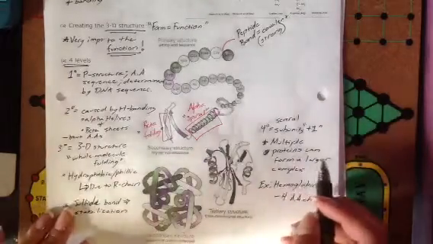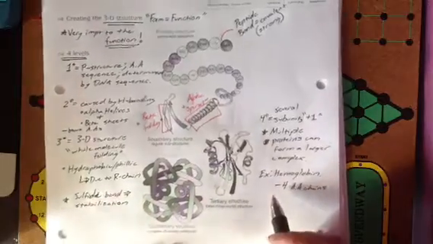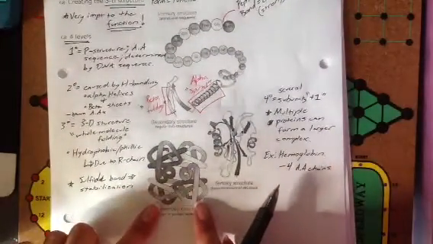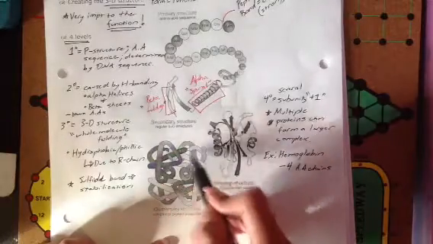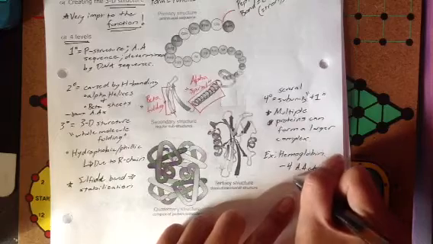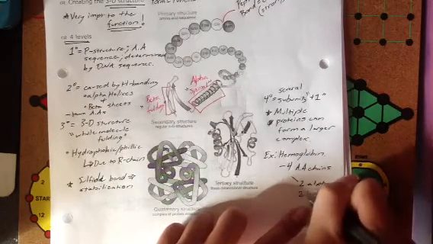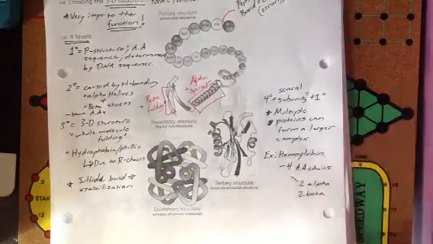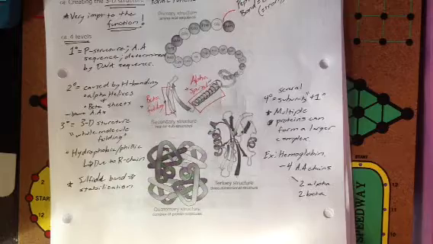So multiple proteins can form a larger protein complex. An example of this is going to be hemoglobin. Okay? Hemoglobin actually has 4 separate structures, and those 4 separate structures are made up of 2 alpha helixes and 2 beta sheets, and they'll fold in on each other because of their chemical nature.